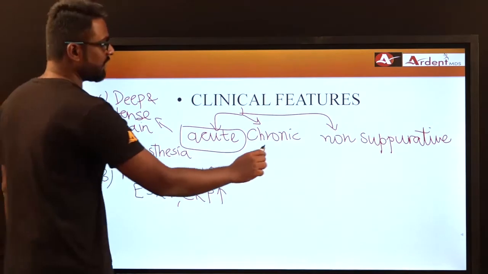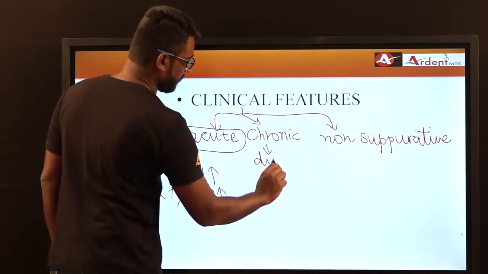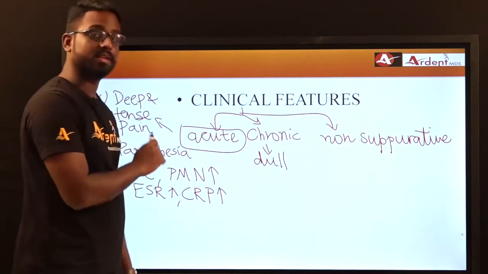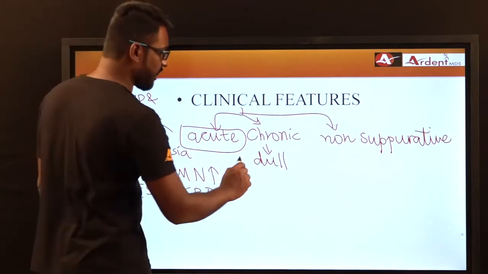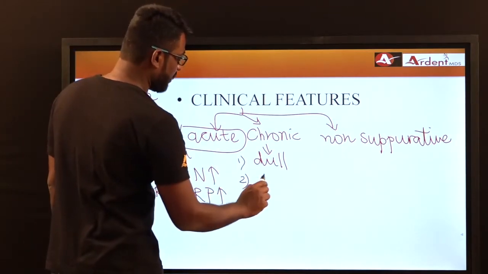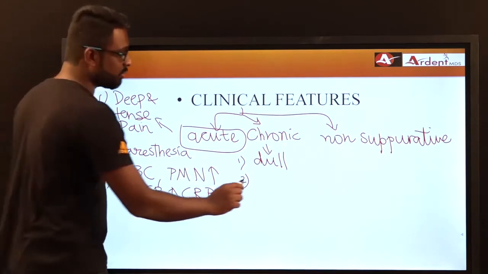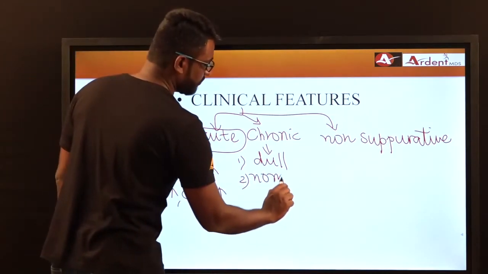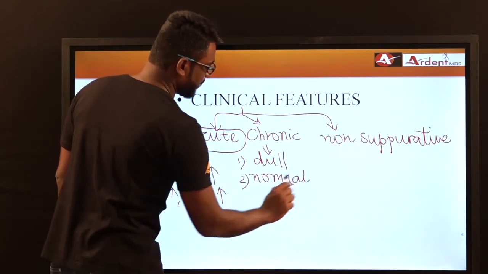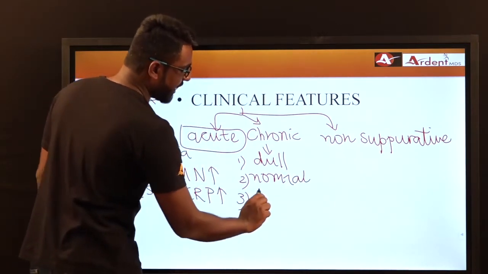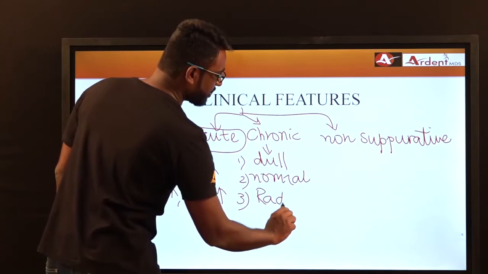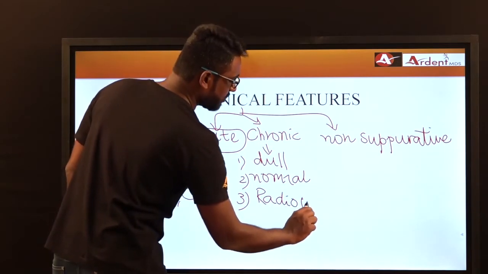That is, the patient will have a dull pain. It is not very intense as you see in acute osteomyelitis. You will have dull pain, and all these biochemical investigations or the blood investigations may be normal, or sometimes only the lymphocytes may be increased. Whereas in radiology, you can see the features of osteomyelitis.